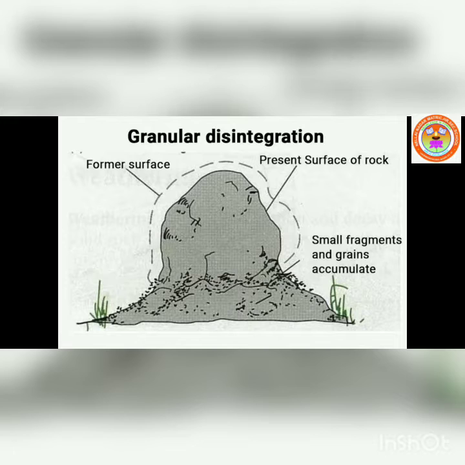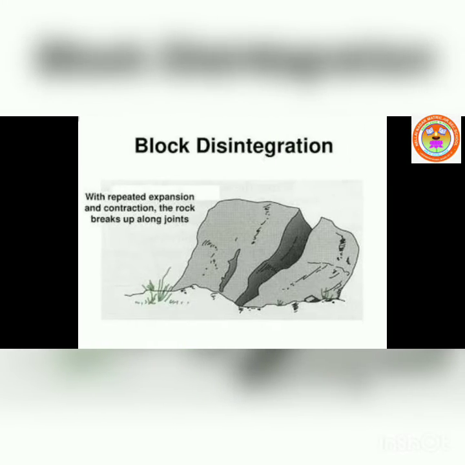This is due to the action of temperature. Block disintegration: with repeated expansion and contraction of the rocks during day and night respectively, stress is caused on the joints of the rocks, and the rock breaks up along joints, which results in block disintegration.